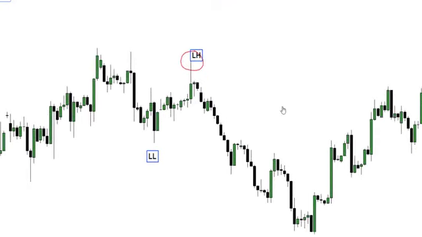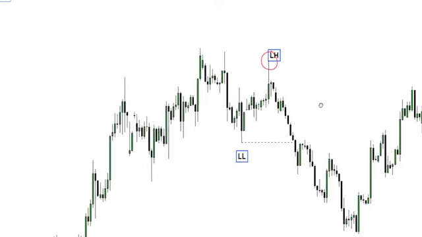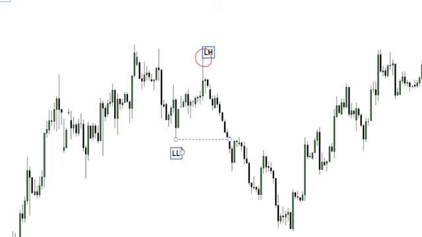As price pushed downward, not this one, but this one is the lowest point. So that is your lower low. So you pick your line and bring it down to this area. As you drag it across, you will find out that this becomes a perfect horizontal line.